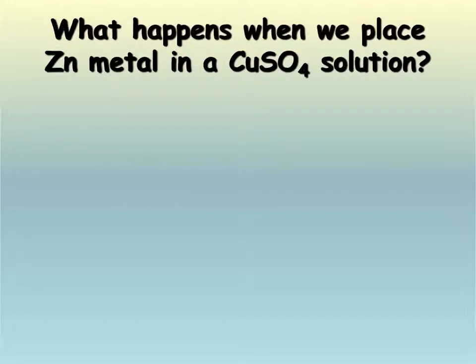So what happens when we place zinc metal in a copper sulfate solution? Okay, well, hopefully the first thing that comes to mind is that this copper sulfate is an ionic compound, and so it is going to split into ions. Okay, and so we're going to have copper 2 plus, and essentially what's going to happen is the copper is going to oxidize the zinc.